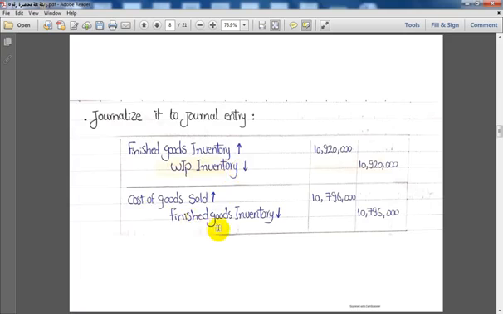The second entry records the transfer of finished goods inventory to the customers, but we have no price or selling price.